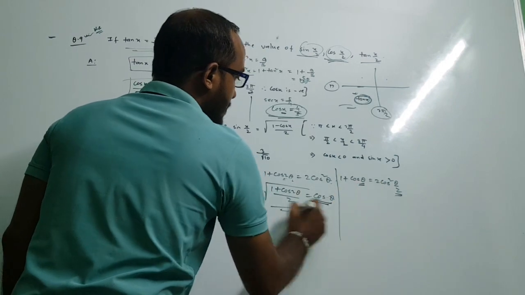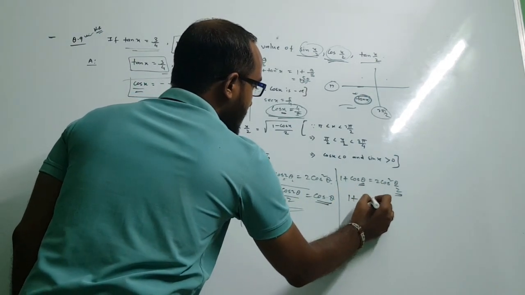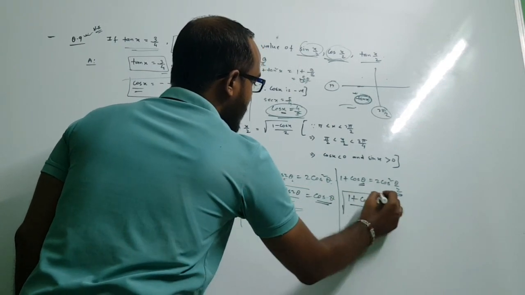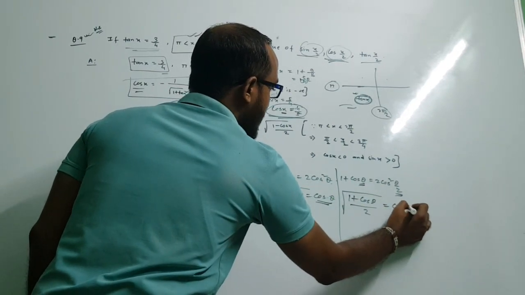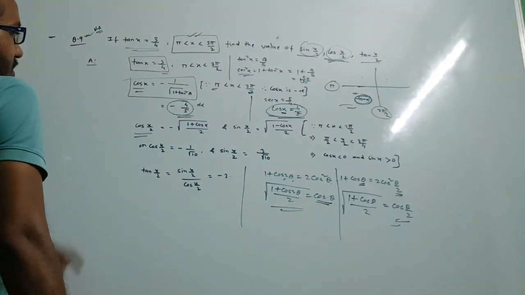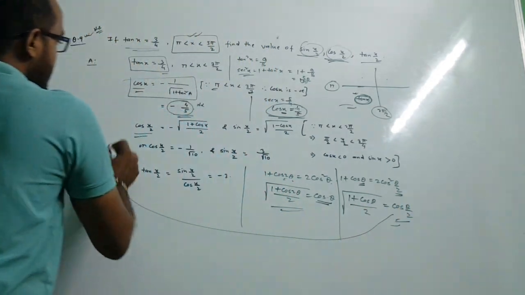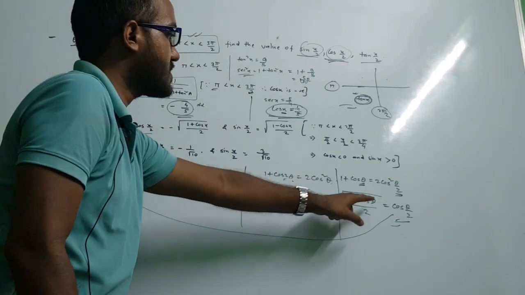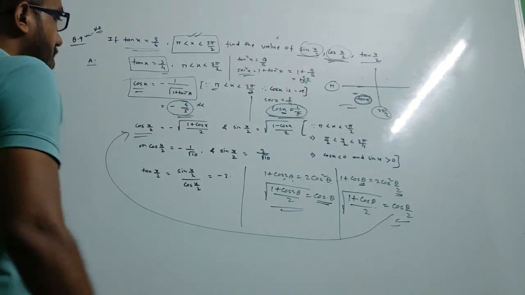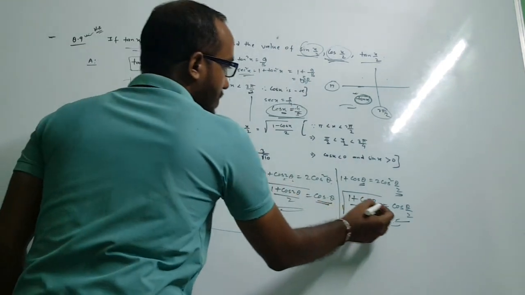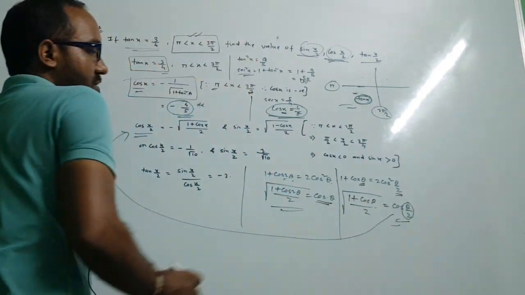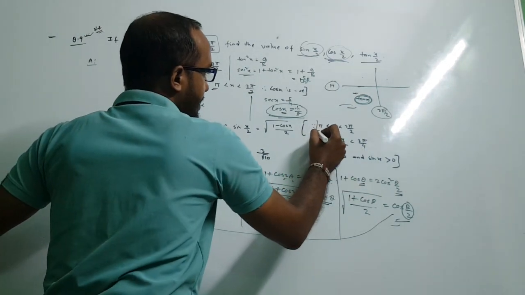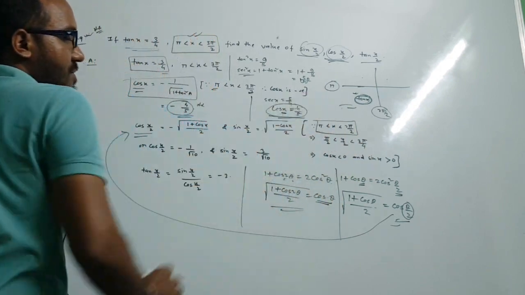So from this we can say the square root of 1 plus cos theta by 2 would be cos theta by 2. So apply this here. Cos x by 2 we can write as root under of 1 plus cos x by 2. And here we have the angle as theta by 2, so let us first see the sign of that. It is given x lies between pi and 3 pi by 2.